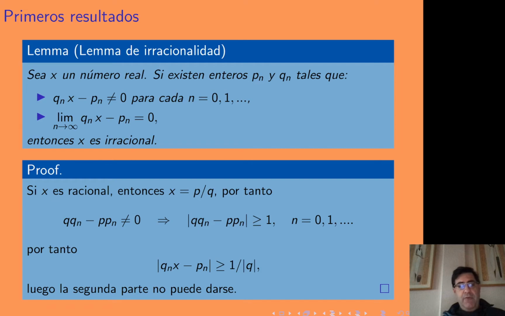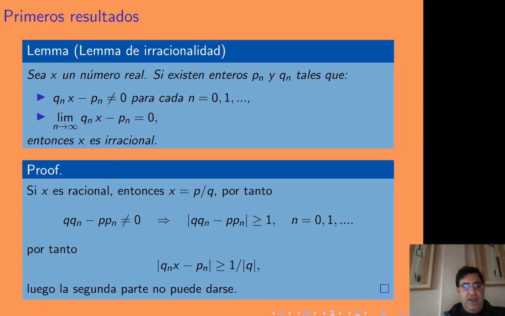Here we have a little sketch of the proof, and it's quite easy. Suppose that this number is rational, so x is p over q. Then you plug this p over q in for x and expand, so you have p q_n minus q p_n, which is non-zero because of this condition.